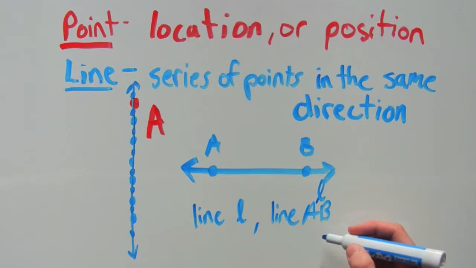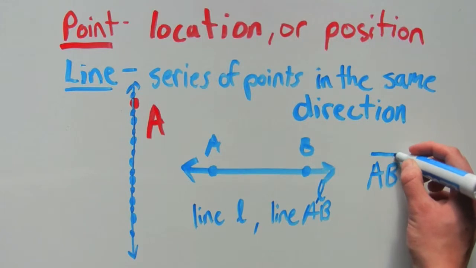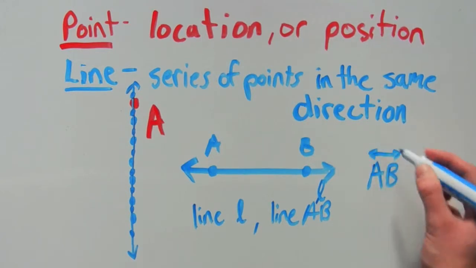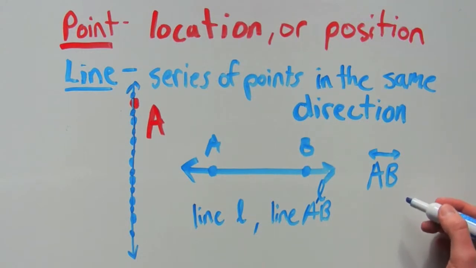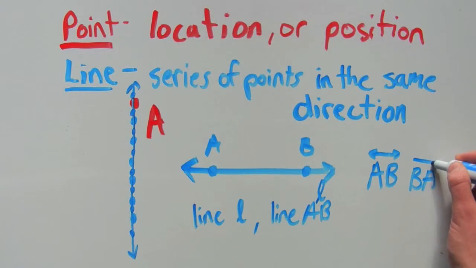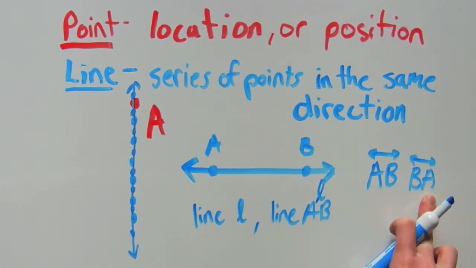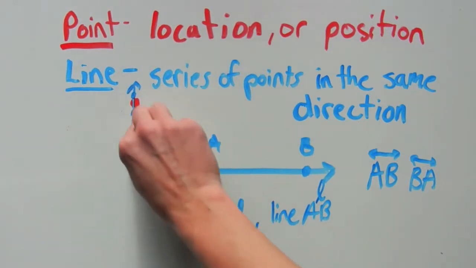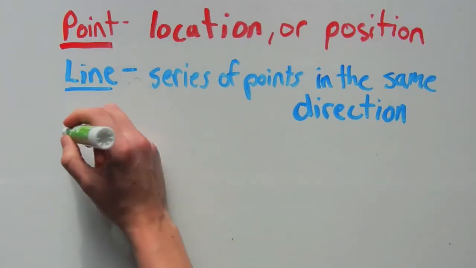We could also say AB with a line over top, or we can say BA with a line over top. And that is read as line AB or line BA. So a point is 0 dimensions, a line is 1 dimension, and now we have a plane.